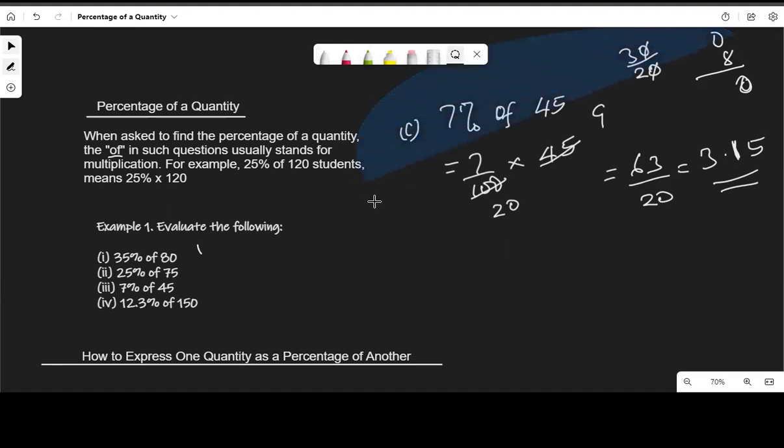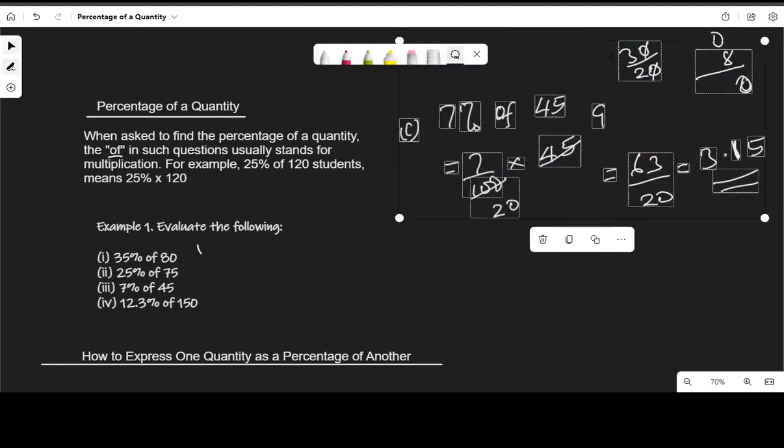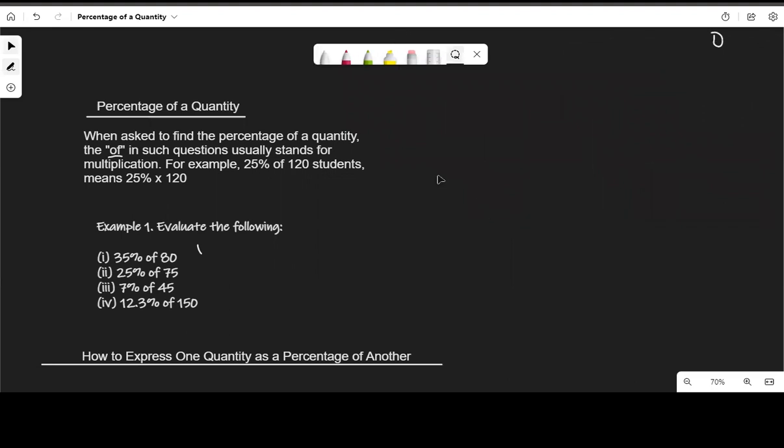So let me clean this so I can do the remaining one. The remaining one, I have 12.3% of 150. That is IV. 12.3% of 150. That will be 12.3 over 100 times 150.